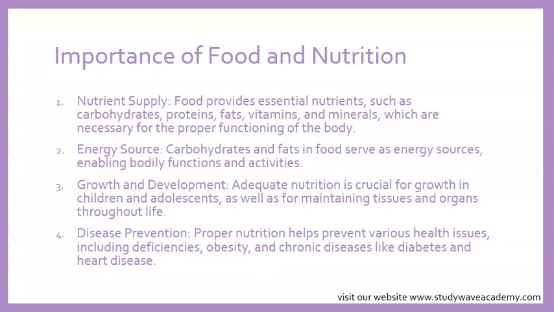Growth and development. Adequate nutrition is crucial for growth in children and adolescents, as well as for maintaining tissues and organs throughout life. Disease prevention. Proper nutrition helps prevent various health issues, including deficiencies, obesity, and chronic diseases like diabetes and heart disease.